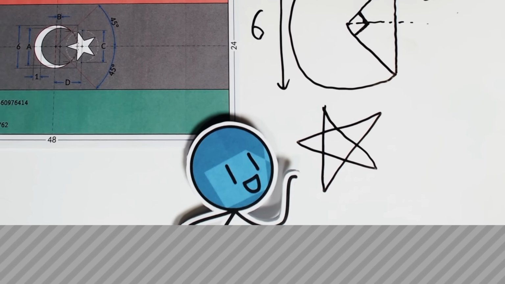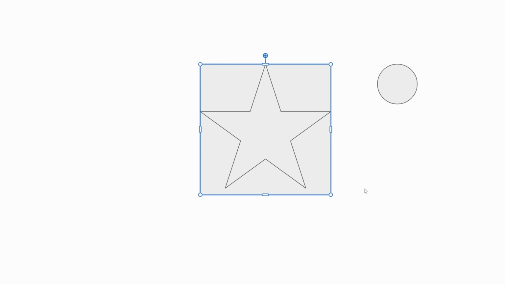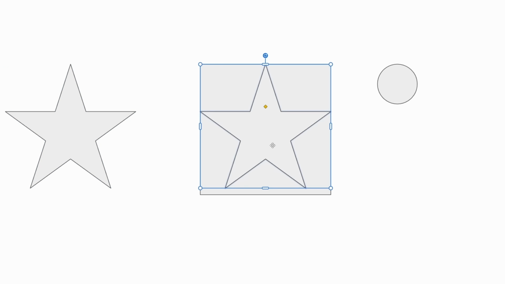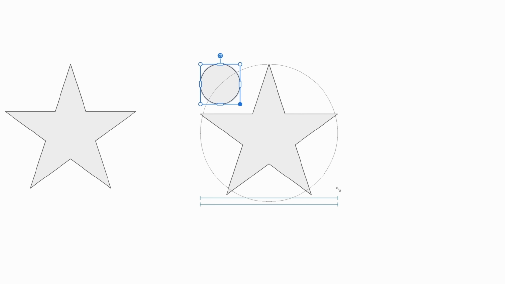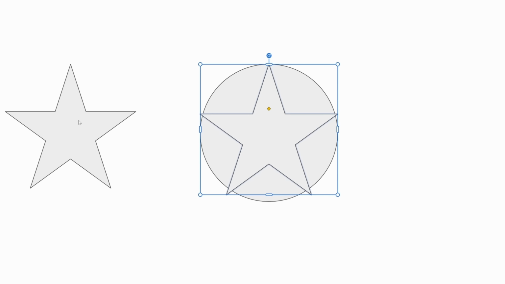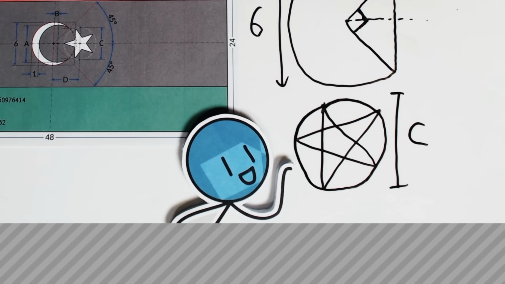Since the star is constructible, we can also construct its circumcircle by reversing the steps to draw an inscribed star. C is defined as the diameter of that, so that constructs C as well.